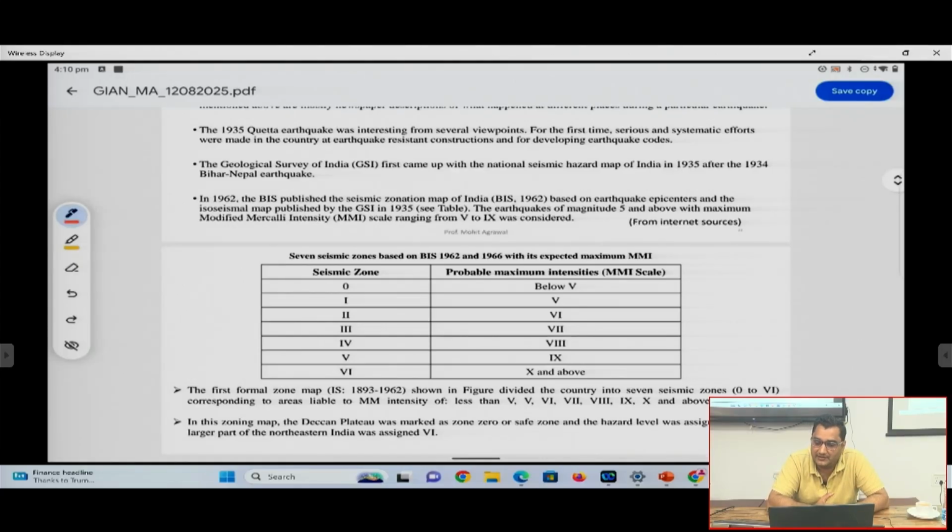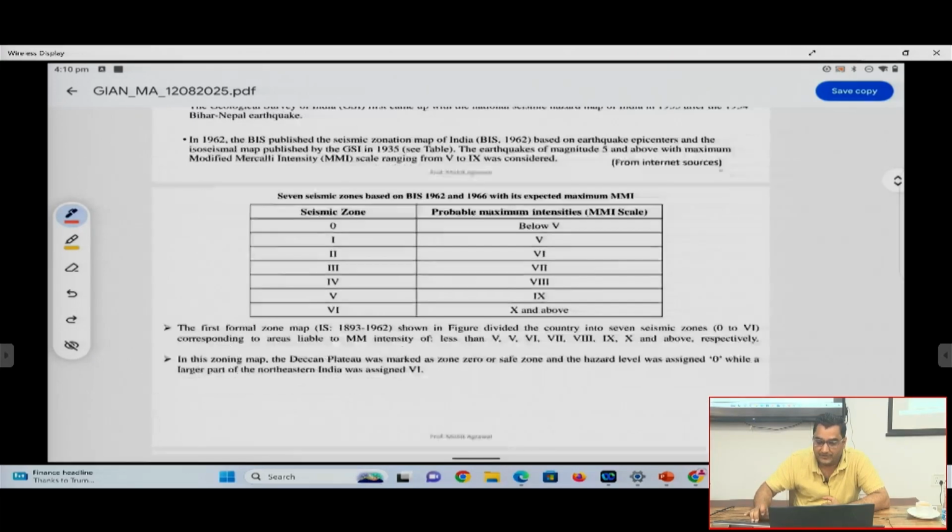Below 5 was considered as zone 0, and if the intensity was 5, then zone I. Likewise, it went on. As per this, earthquakes of magnitude 5 and above with maximum MMI scale ranging from 5 to 9 were considered. You can see on the right hand side, below 5 and above were considered in this particular zoning map of India.